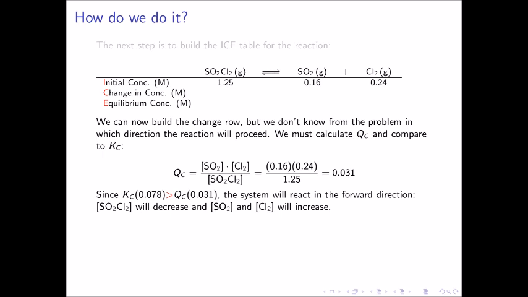Since Kc, which is 0.078, is greater than Qc, which is 0.031, the system will react in the forward direction. This means the concentration of sulfuryl chloride will decrease, and the concentrations of sulfur dioxide and chlorine will both increase.